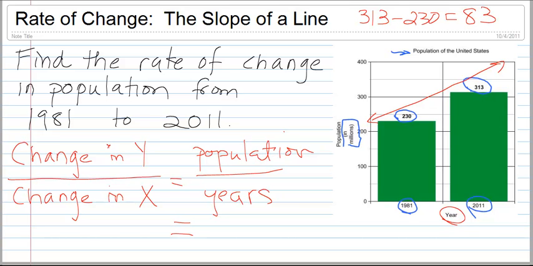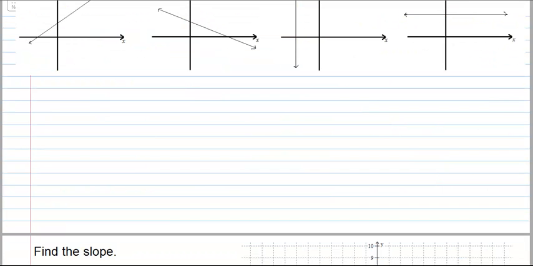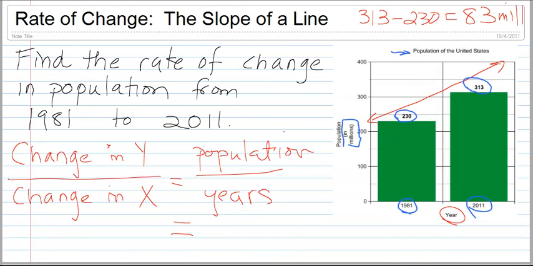Of course this is in millions, but we'll just worry about that in a few minutes. All we are really concerned about right now is, what is the numerical change, and it is 83 million. So our population changed by 83 million. You could write the word million there, or if you wanted to, even write out the zeros to make that a million.